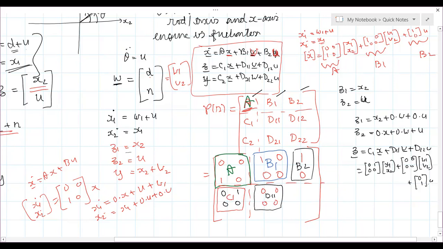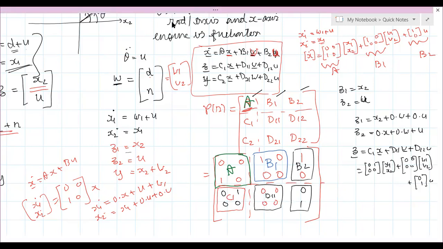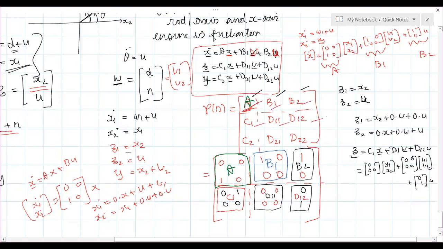Then what is D12? D12 is 0, 1. Okay, so we've identified the A matrix, A, B1, B2, C1, D11, and D12. Is this much clear? Yes, sir.